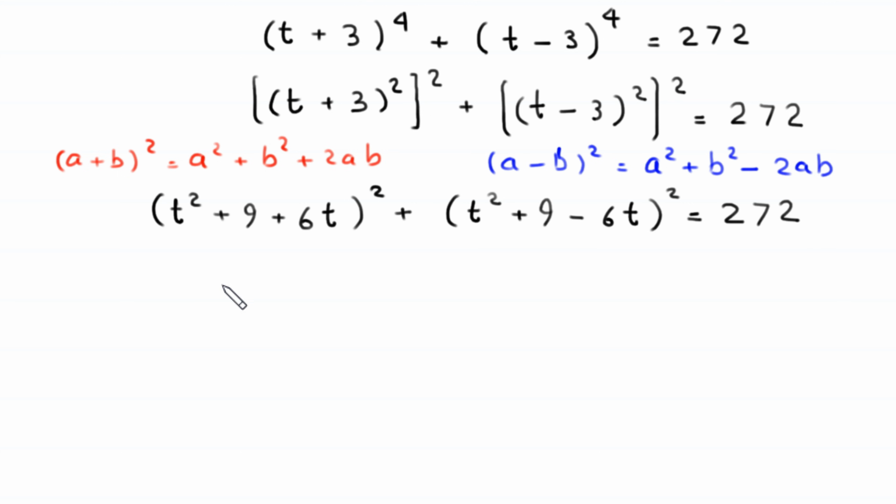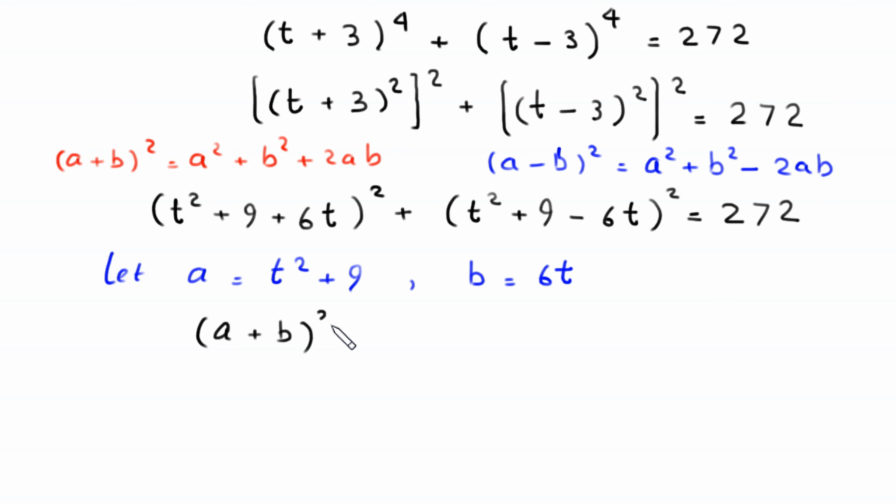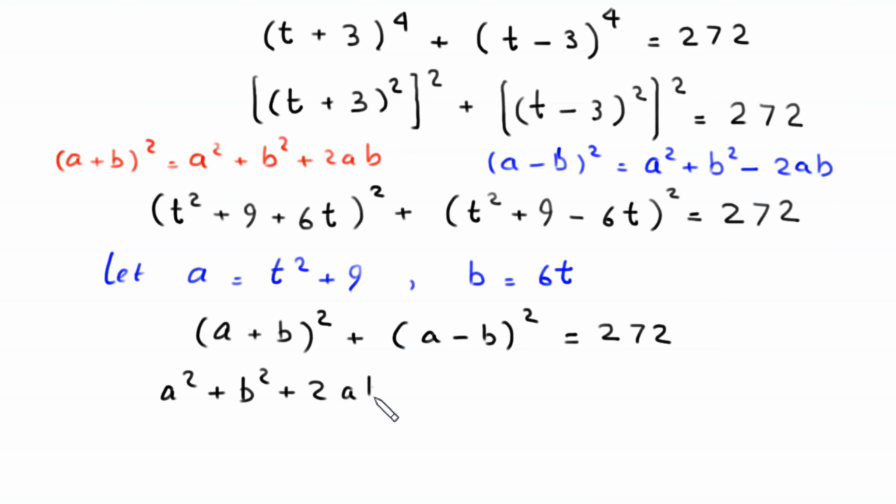272. We suppose that let a = t^2 + 9 and b = 6t. So this equation will become (a + b)^2 + (a - b)^2 = 272. Expand this expression, this will become a^2 + b^2 + 2ab.